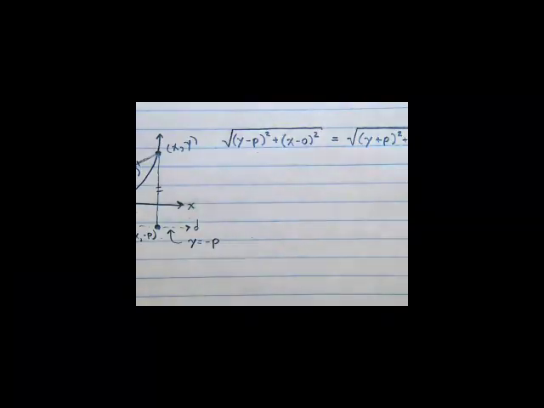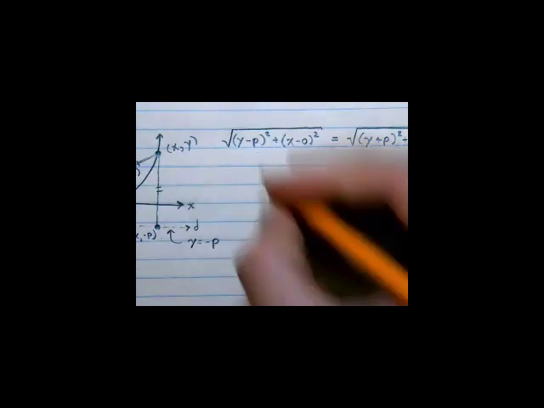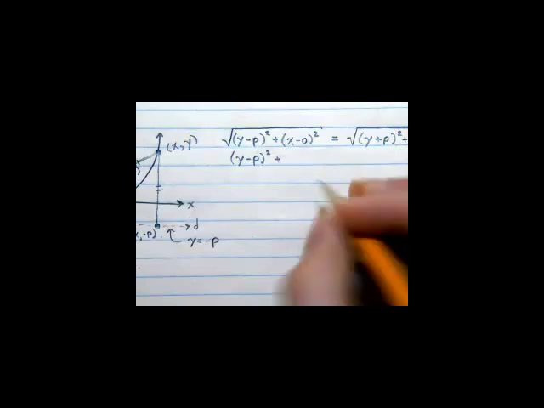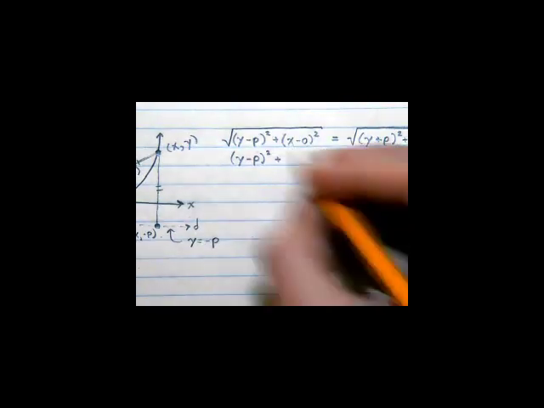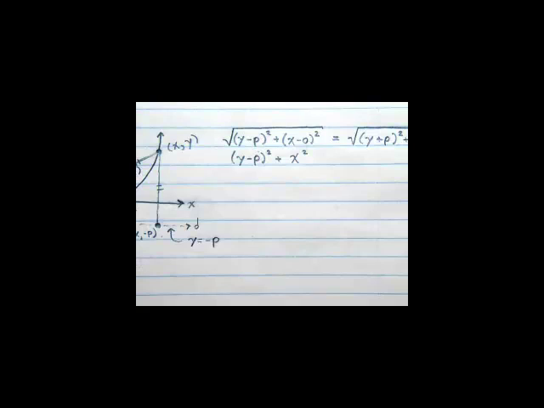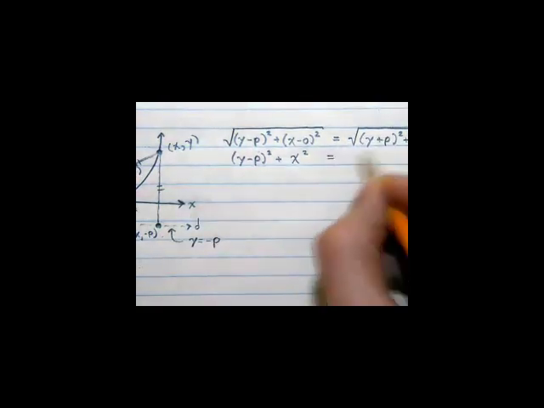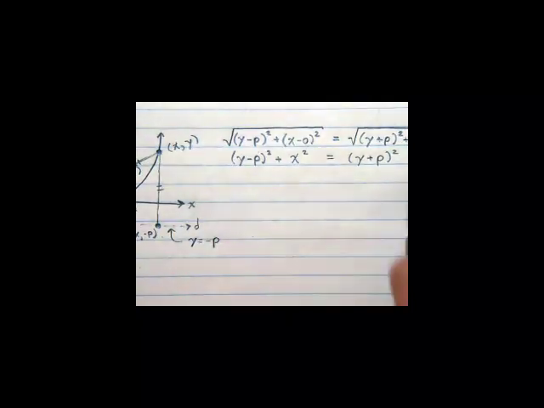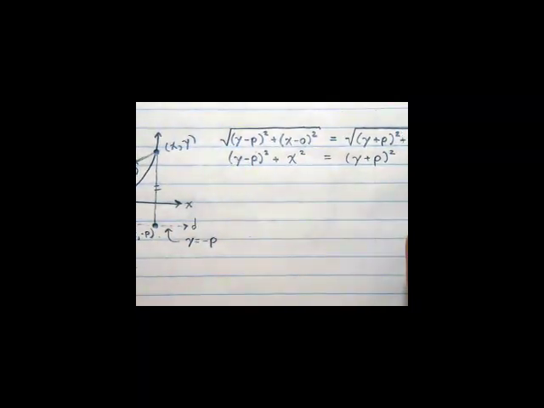So, first, square root equals square root. What can I do? Cancel. Square both sides. That would get rid of those. x minus 0 squared is just x squared, right? We got y plus p squared. And x minus x squared, what's that? 0, so just that, right?